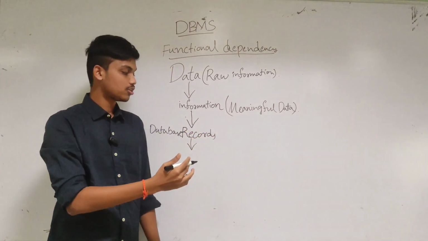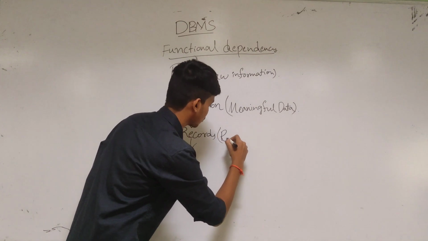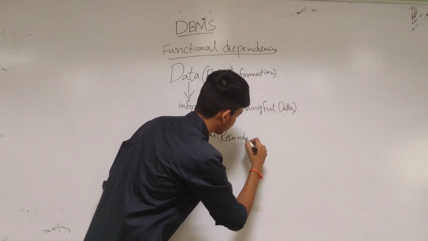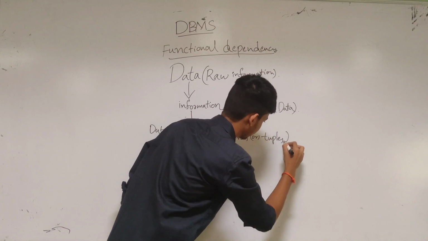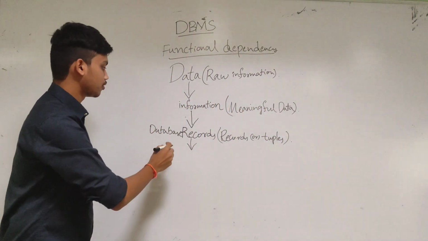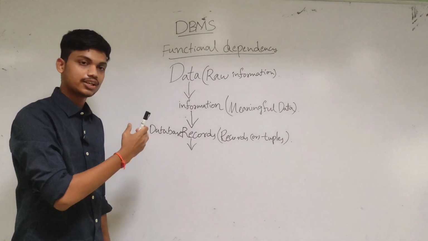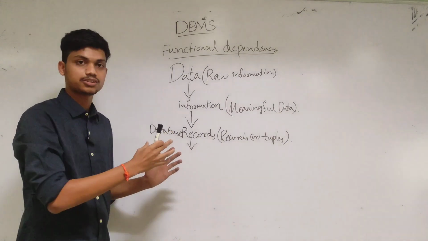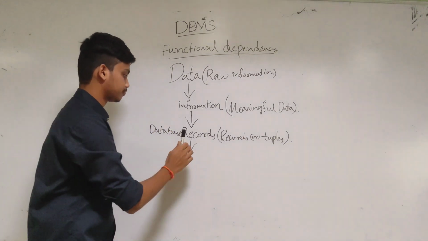These database records store the information of the data in the form of records or tuples. With these tuples or records, we generally perform operations such as updation, deletion, insertion, which is helpful for our convenience or needs.